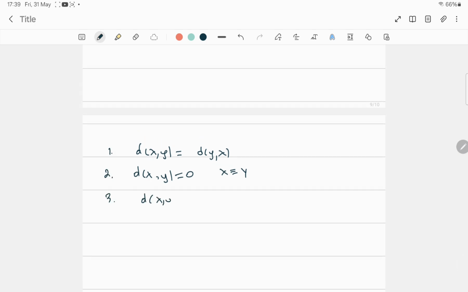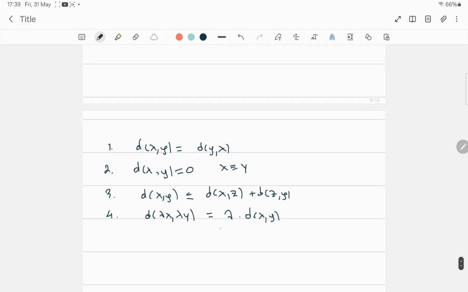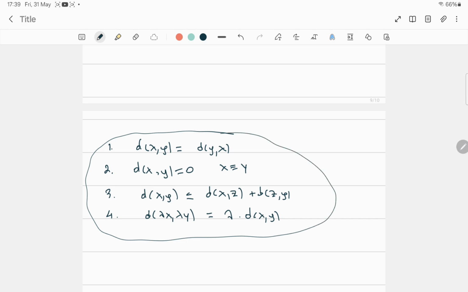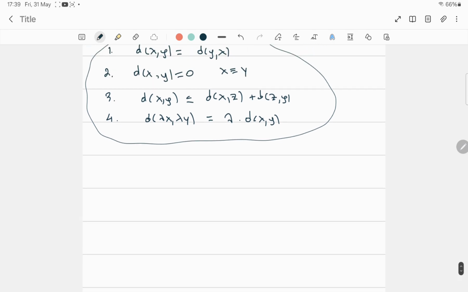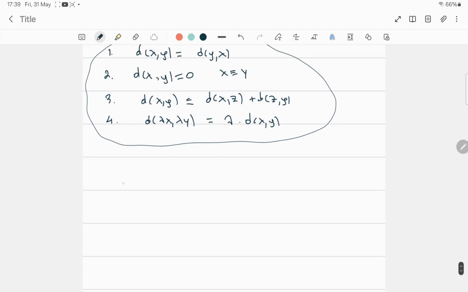Then d(x,y) is bounded by d(x,z) plus d(z,y), and the fourth property, d(λx, λy) equals λ times d(x,y). We pull out the constant λ. Now we use these properties in order to show that the L2 space is a metric space.